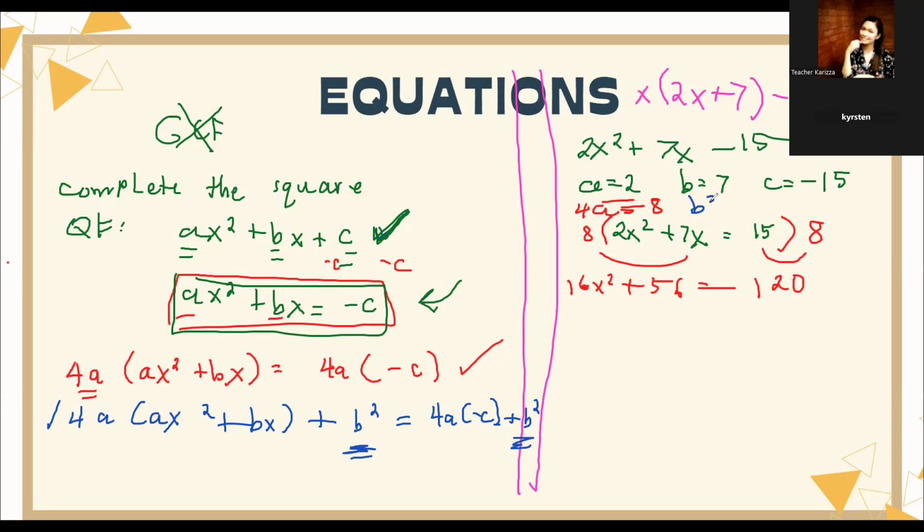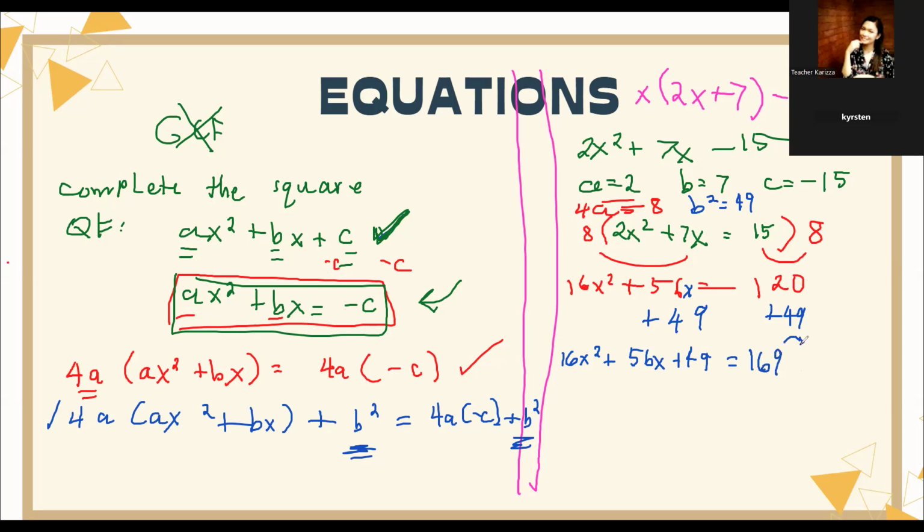So b squared, 7 times 7 is 49. So add 49. We have nasusundan? Opo. Sinusulit ko po. Sabihan mo lang ako pag mabilis. Okay. Nakalimutan ko isulat yung x dito. 16x squared plus 56x plus 49 is equal to 120 plus 49 is 169.